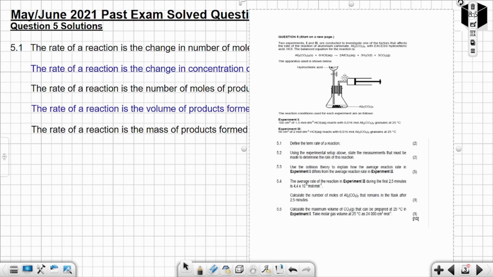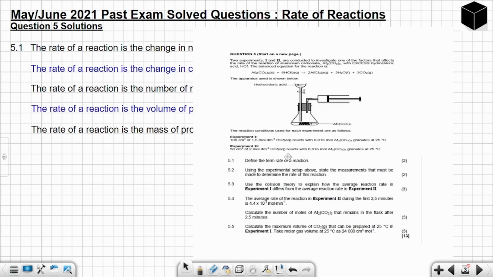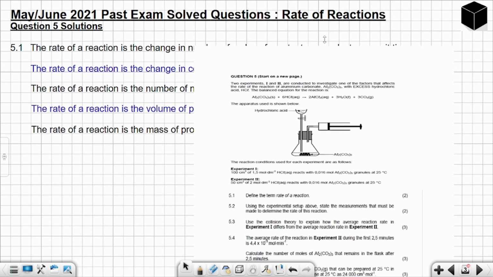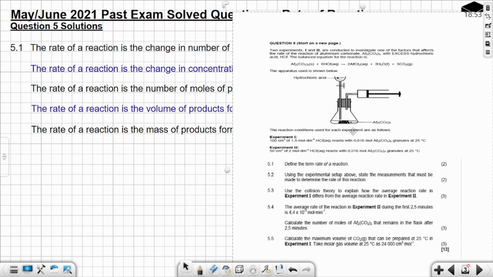You can see you have your apparatus there. Let me make it big so that you can see what is happening there. You have the flask, and inside you have the aluminum carbonate granules, which are reacting with the hydrochloric acid. And then you have the syringe collecting what?